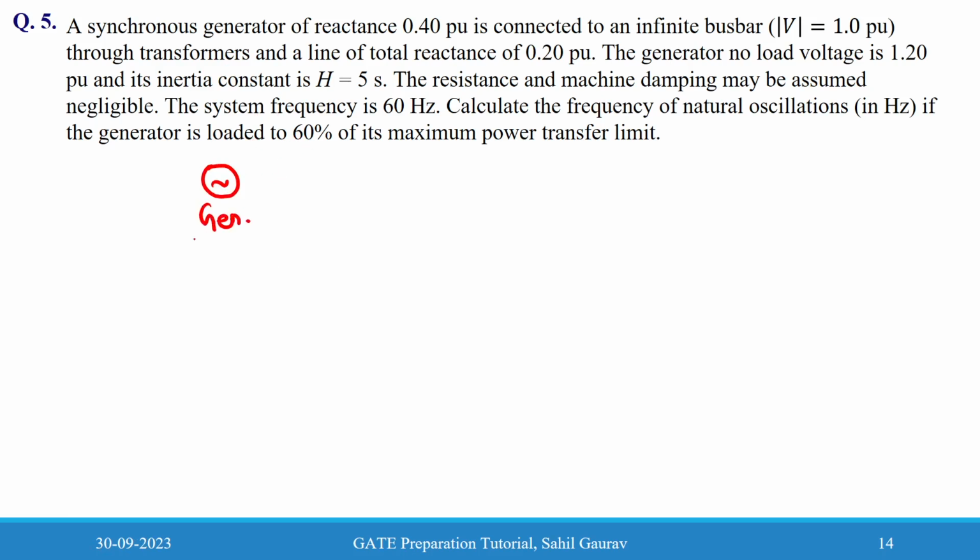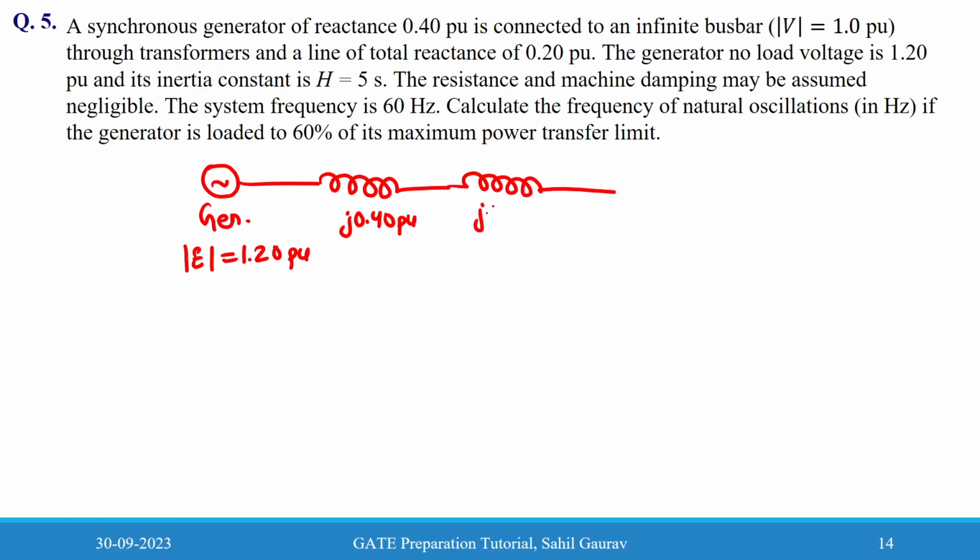So this generator has a no load voltage of 1.20 per unit, and the reactance of the generator is given as j0.40 per unit, and the line reactance is given as j0.20 per unit. It is connected to the infinite bus. So the magnitude of the infinite bus will be 1.0 per unit.